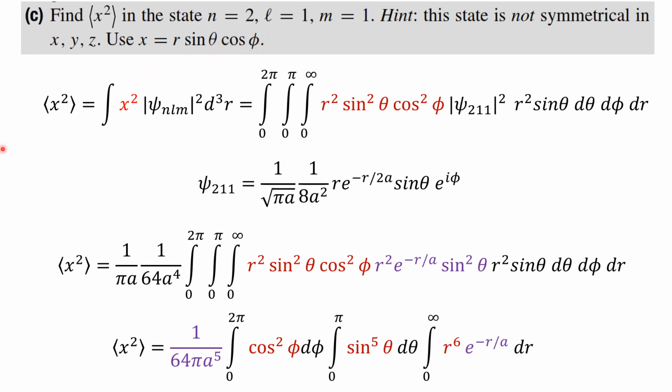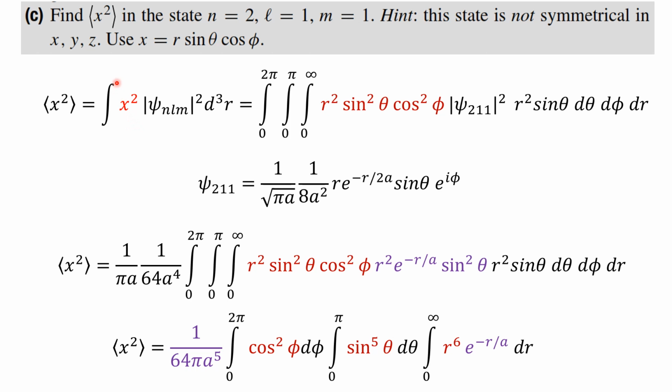Use this one. The expectation value of x squared is, by definition, the integral of x squared times the modulus square of that wave function times d3r. So this can be separated into three integrals: 0 to infinity, 0 to pi, 0 to 2 pi.